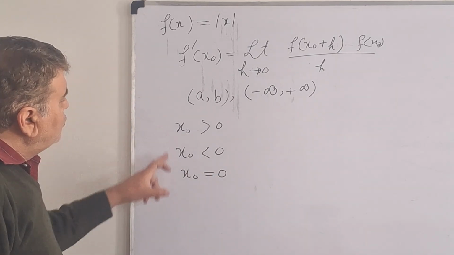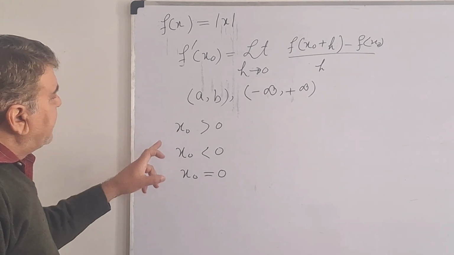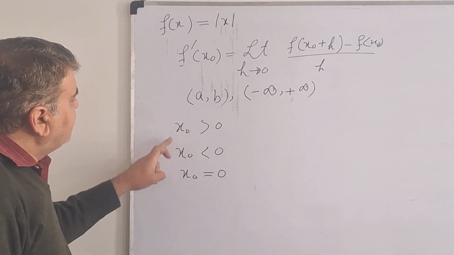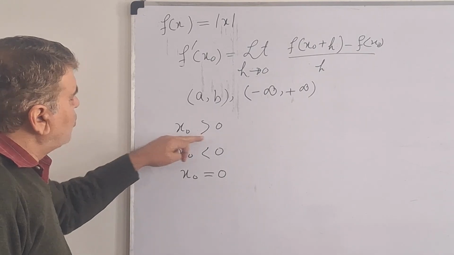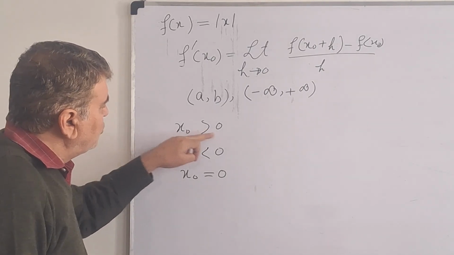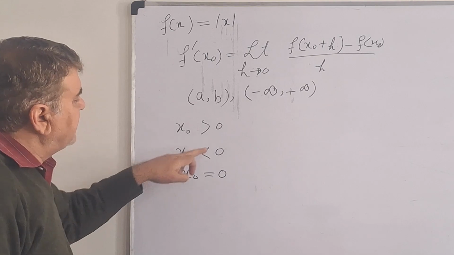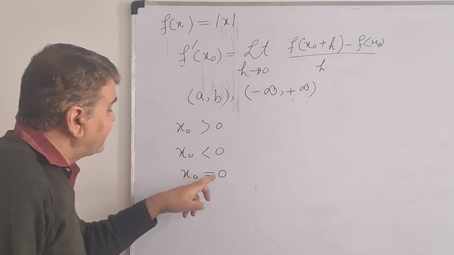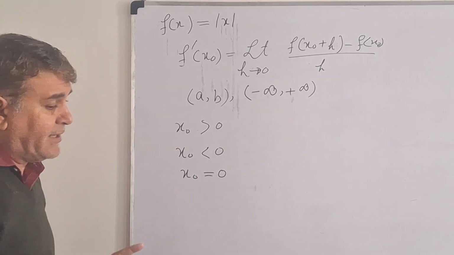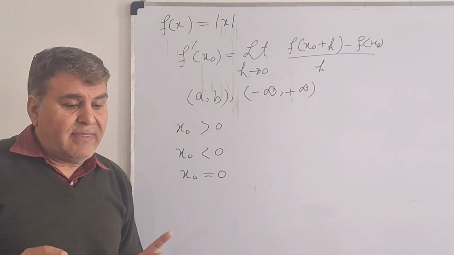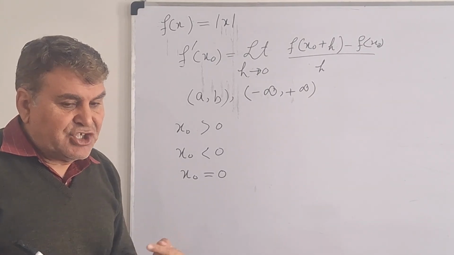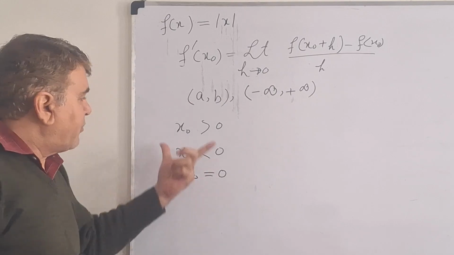One is a region, another is a region, and x naught equal to 0 is a point.